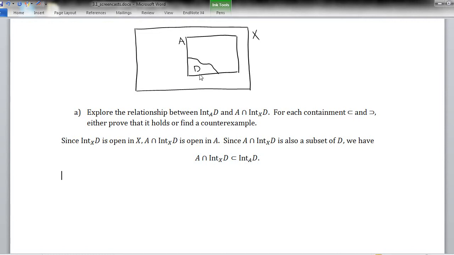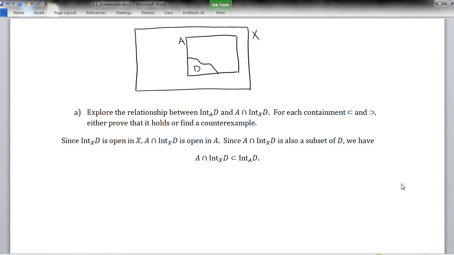You can think of them as being in the interior of D. However, when you look at D as a subset of the large space X, these points here are no longer in the interior of D. So the interior of D in X is actually smaller than the interior of D in A. And there's no way that int_A D could be a subset of this intersection.